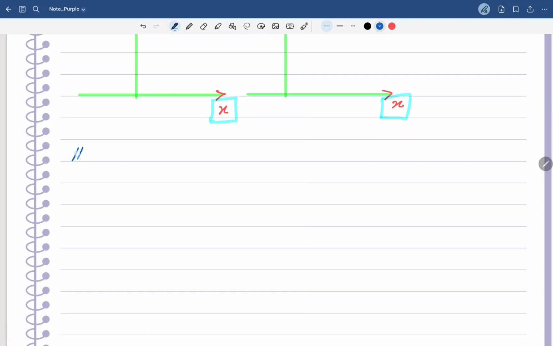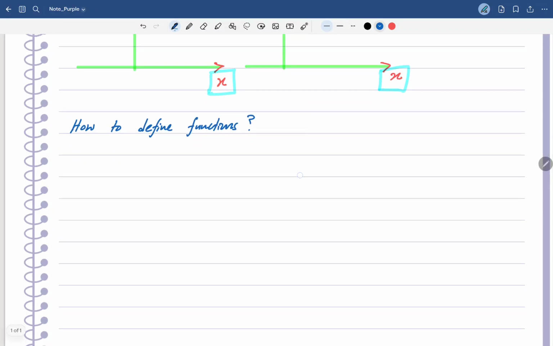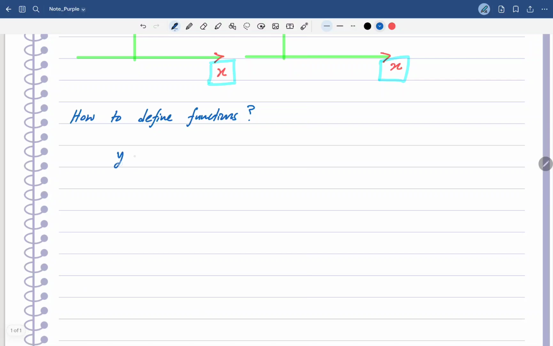Now, how to define functions? So, y is equal to f(x). They are the same, so this equal sign has a meaning. These two are the same. It is equal to x squared plus x plus 1, for example.